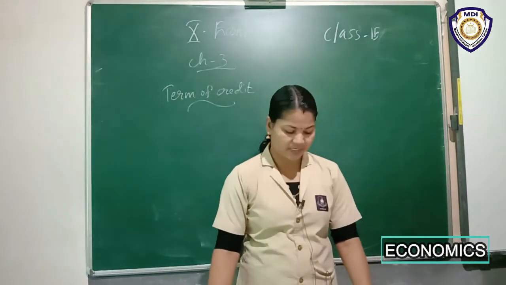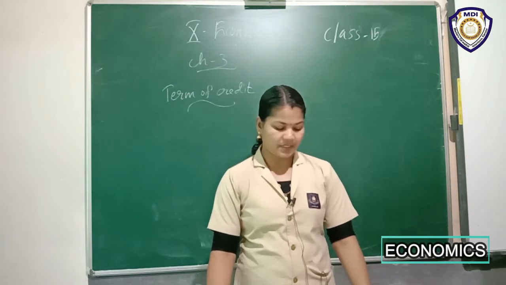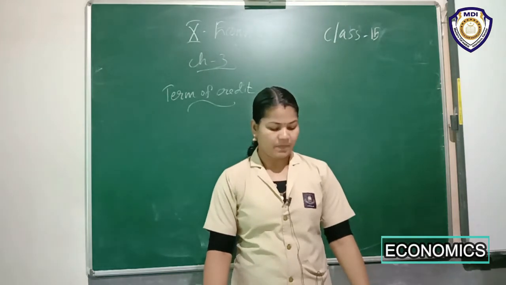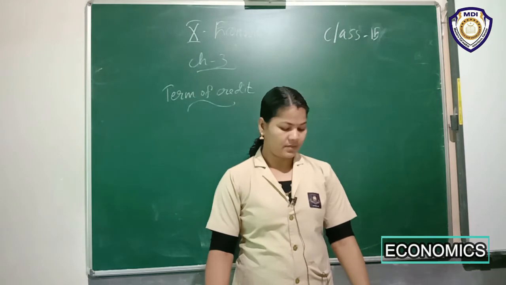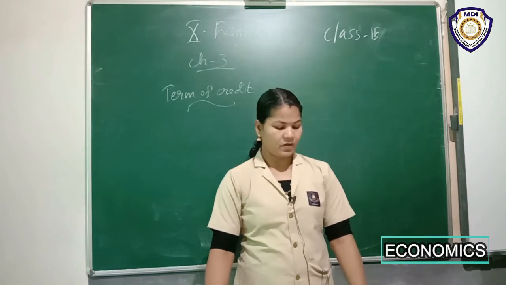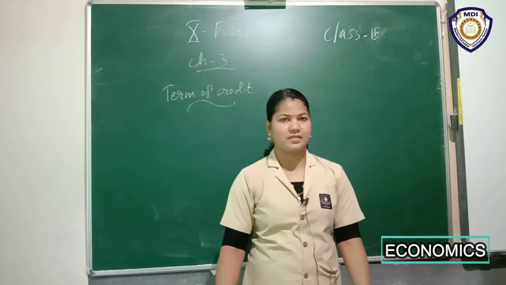Terms of credit. Every loan agreement specifies an interest rate which the borrower must pay to the lender along with the repayment of the principal. In addition, lenders may demand collateral against the loan. Collateral means a security.